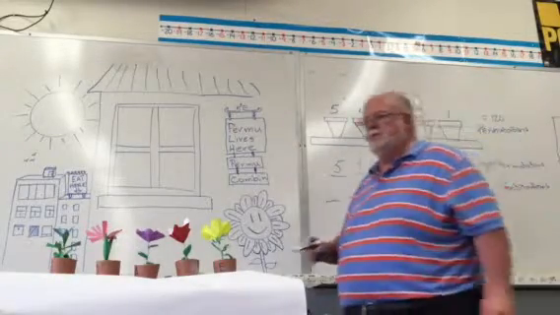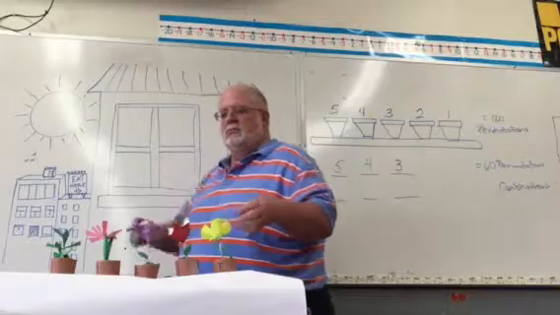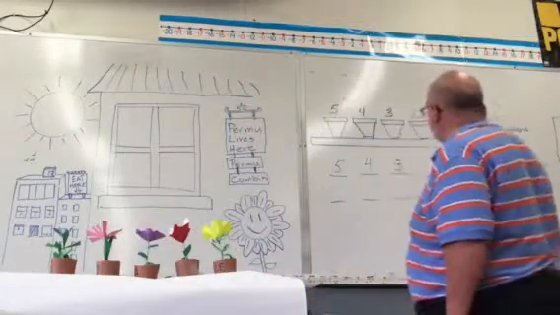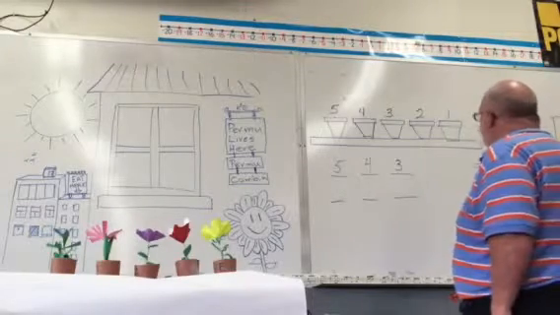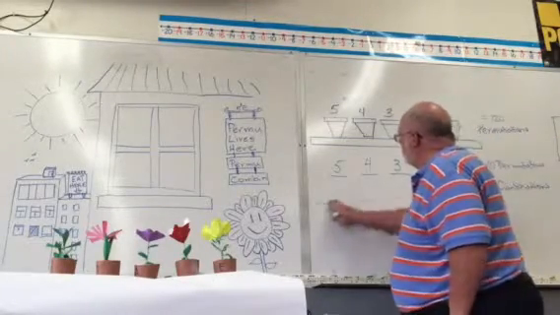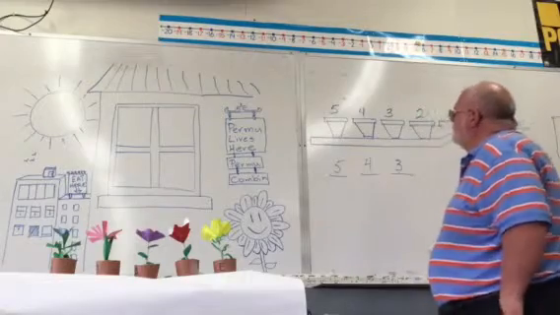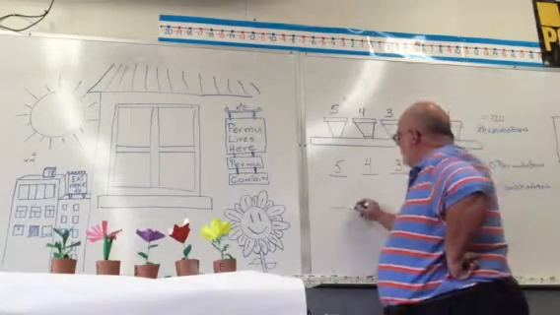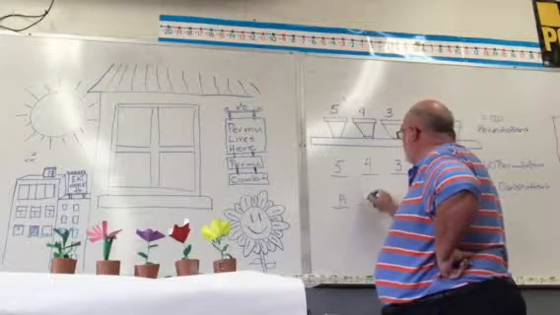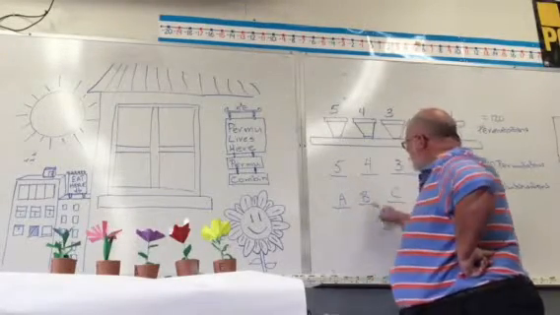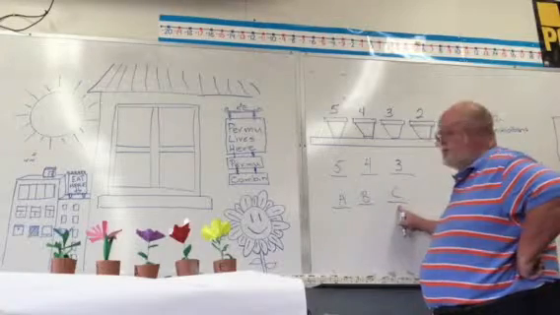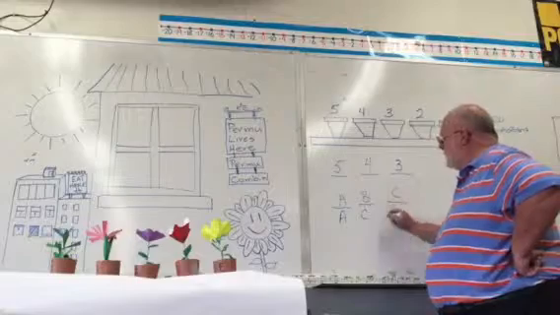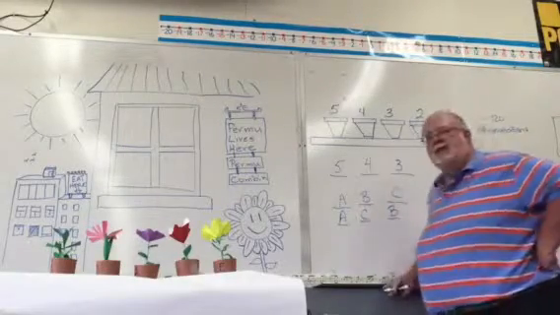And in combinations, the order doesn't matter. So whether it's A, B, C, or C, B, A, it's all the same thing. So here's Combine's problem. If he puts flower A in this pot, and B in this slot, and C in this one, and then the next day he does that, to him, these are the same.